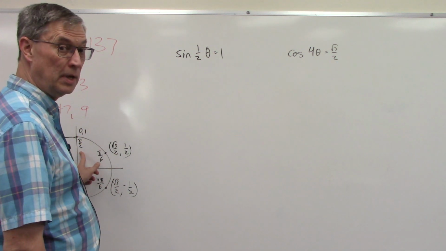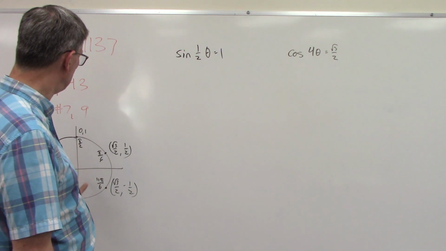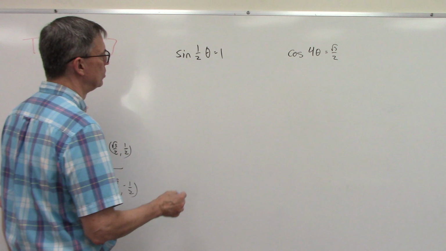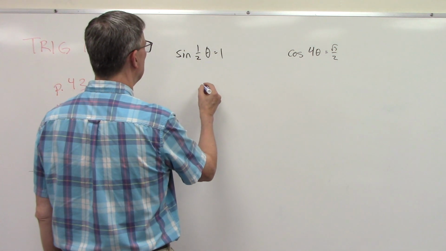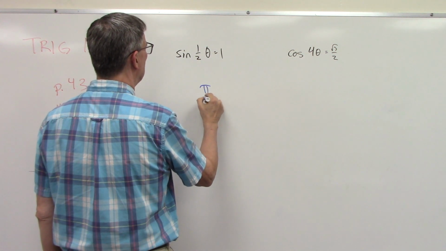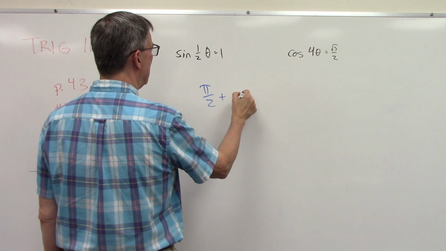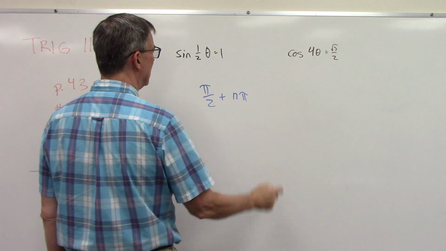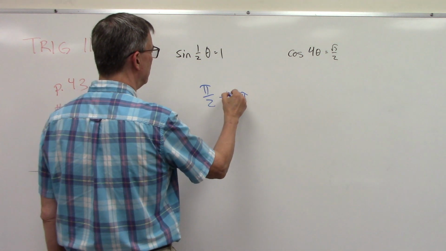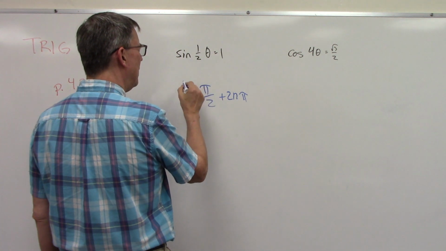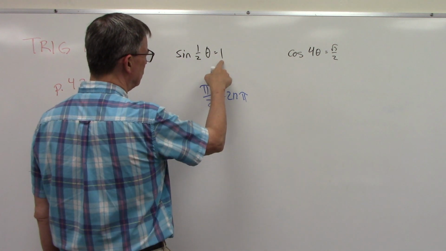And it's only right here at straight up, 90 degrees or pi over 2. Okay? So it's pi over 2, and then we're going to add 2n pi. But that's where it equals 1.